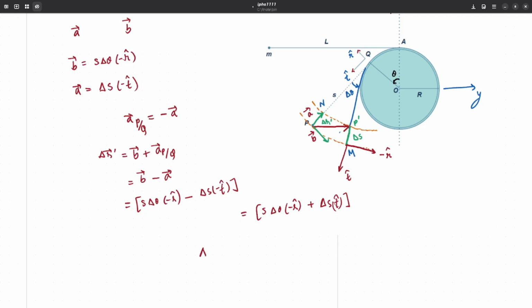So we get delta r prime is equal to s delta theta by delta t minus r cap plus delta s by delta t t cap, times delta t. So the required velocity of the particle with respect to moving Q is v prime, which is equal to minus s theta dot r cap plus s dot t cap.